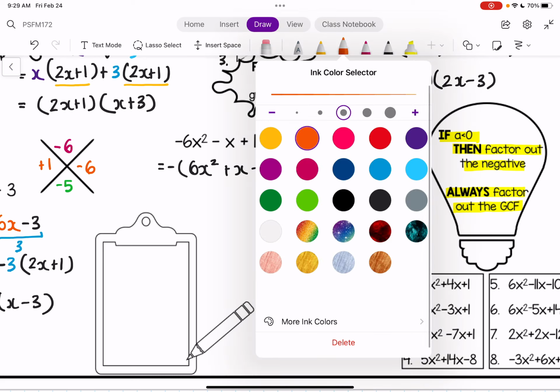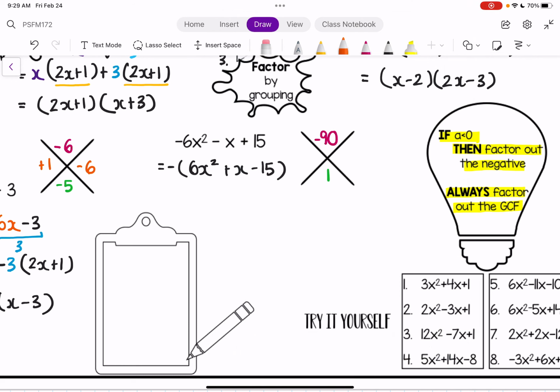And those two numbers, we know again we're multiplying to a negative, so we're going to have one positive, one negative number. And because our sum is positive, then we know that the bigger number has to be a positive. So we're actually going to have positive 10 and negative 9. So very important to remember that negative that's outside can't go anywhere.